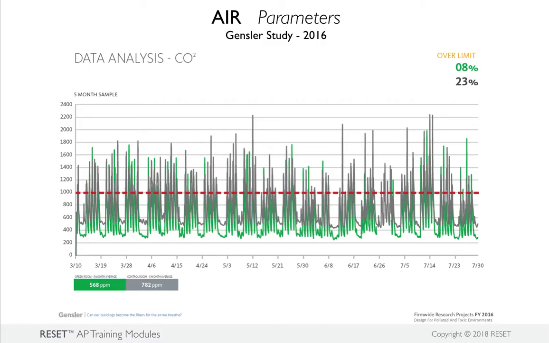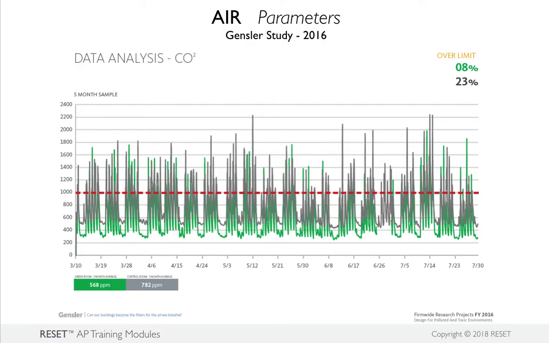So in the data analysis that you can see here, the green bars going across the graph are showing what was happening in the green room. The gray obviously is showing what was happening in the gray room. And over in that top right-hand corner, you can see the percentage of time where the CO2 levels were over what was considered the healthy limits. So again, no big shock here.